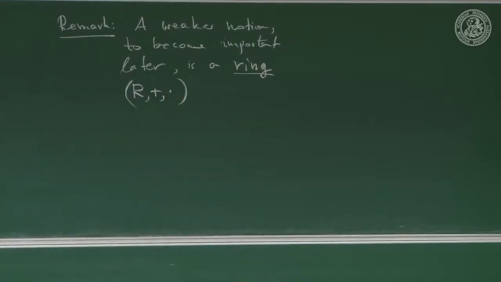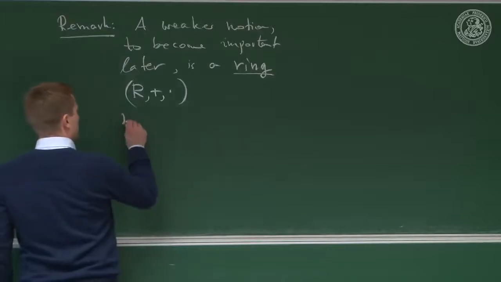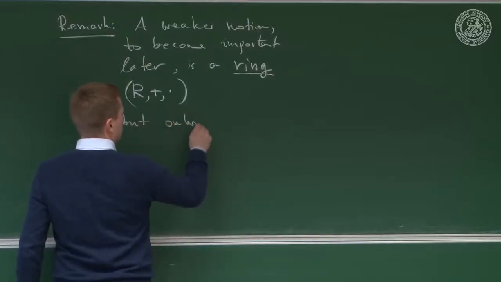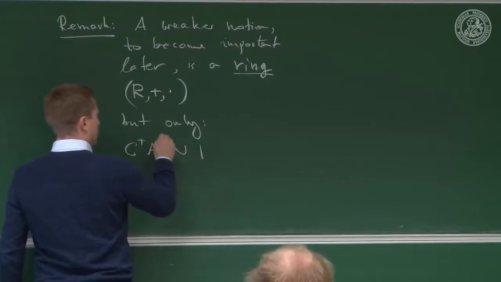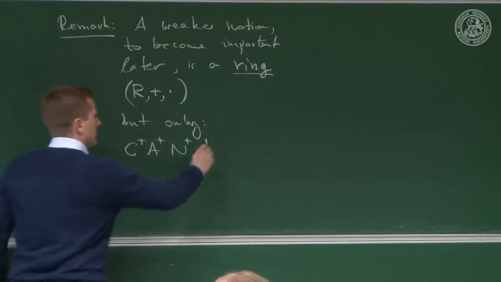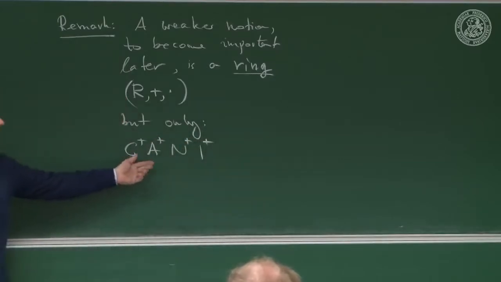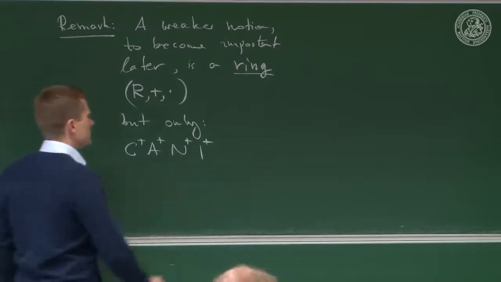It is a set equipped with two operations plus and times of the same shape, but now this only satisfies CANI for plus, so it stays a commutative or abelian group with respect to plus.